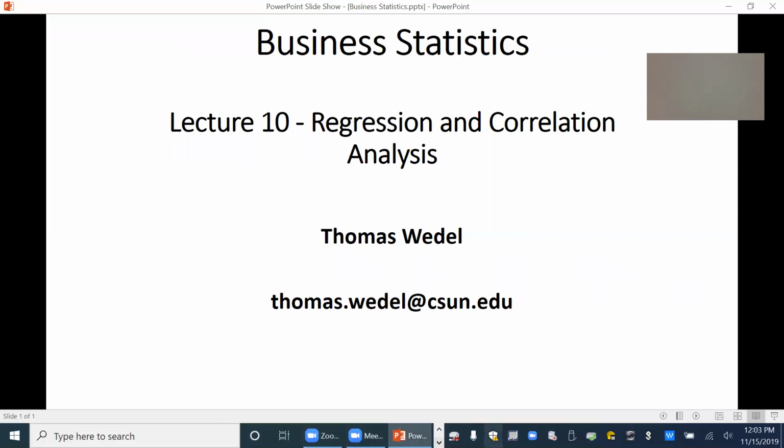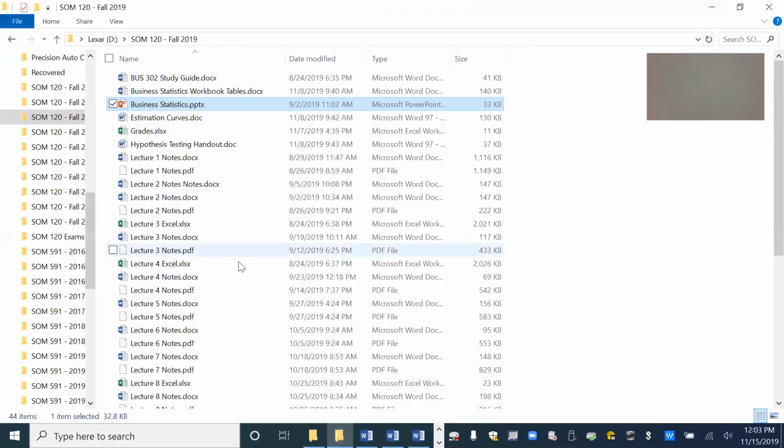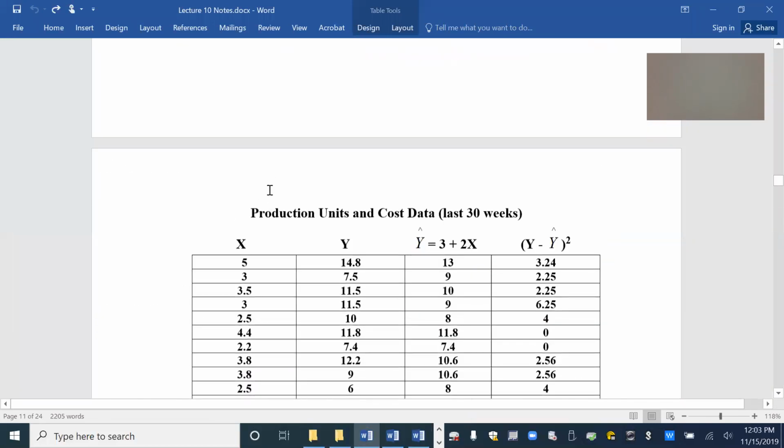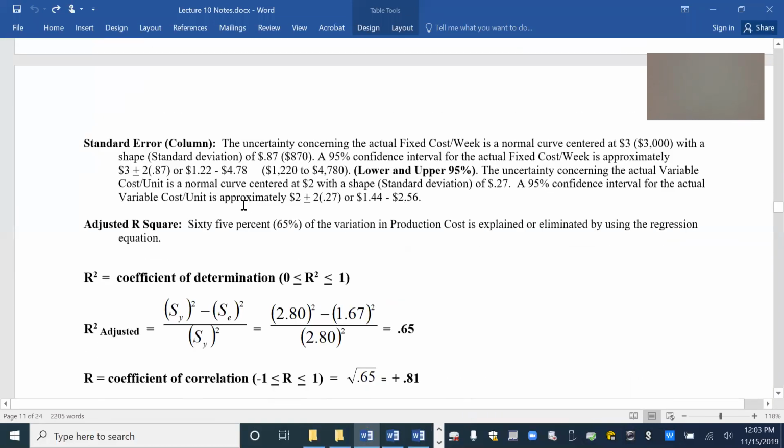Going back to my example here, wrong way, sorry.